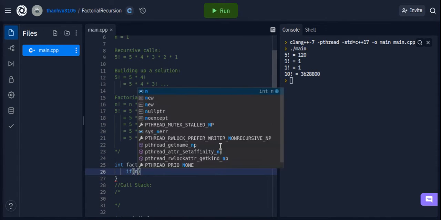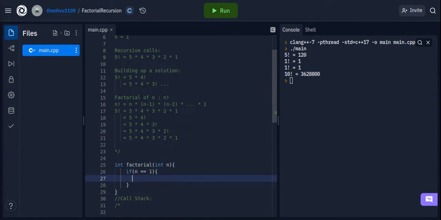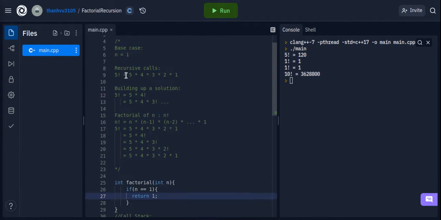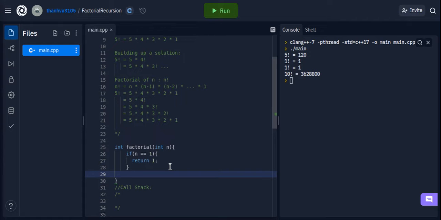Where n equals 1, we want to return 1, because the factorial of 1 is 1. For the recursive call, the function calls itself.